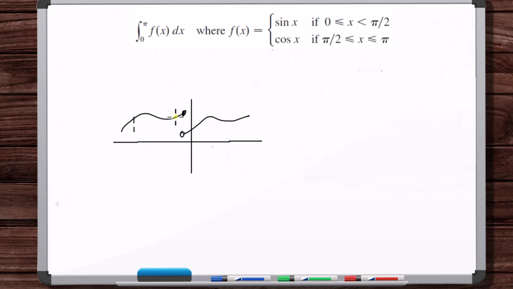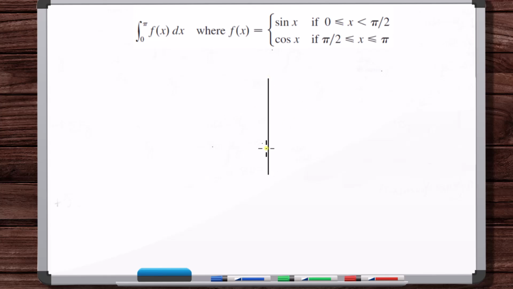But let's see here. At pi over 2, at the potential jump discontinuity, sine of pi over 2 would be 1. Cosine of pi over 2 is 0. So there is a jump discontinuity. From 0 to pi over 2, the sine function does like that.